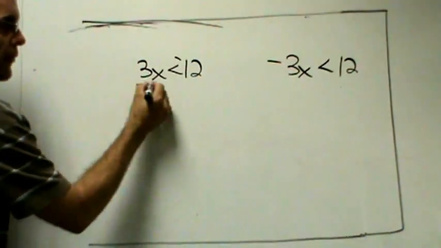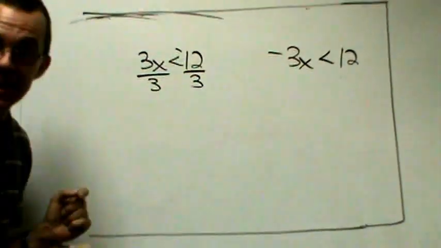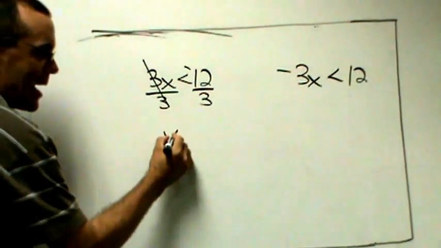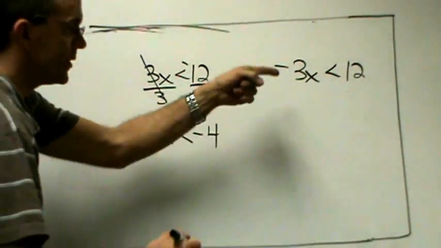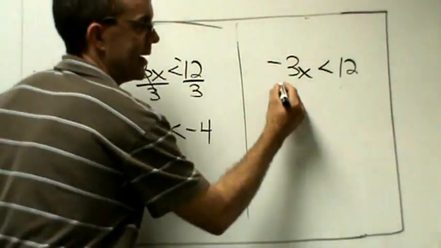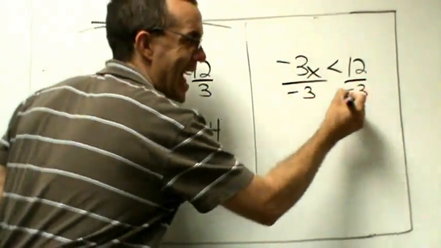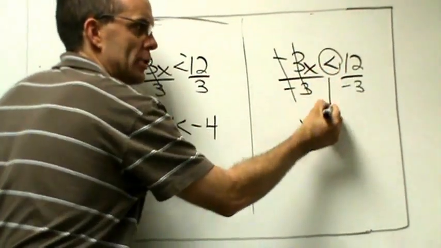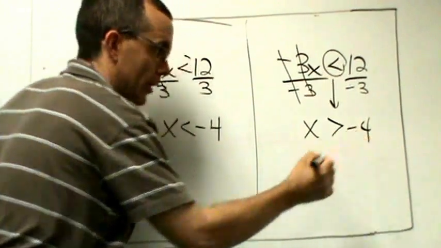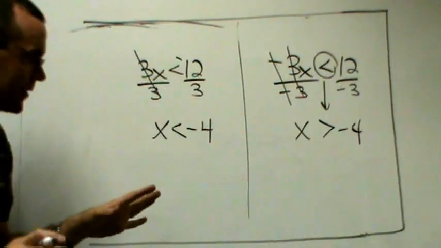To solve this one for x, you divide by a positive 3. Well, dividing by a positive 3 does not flip the inequality. However, in the second example, you divide by -3. If I divide by -3, that is when you will flip the inequality. So 2 different kind of examples there.